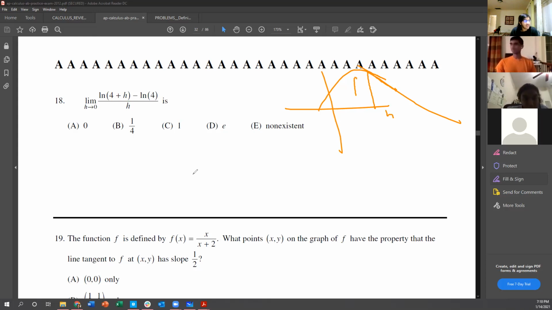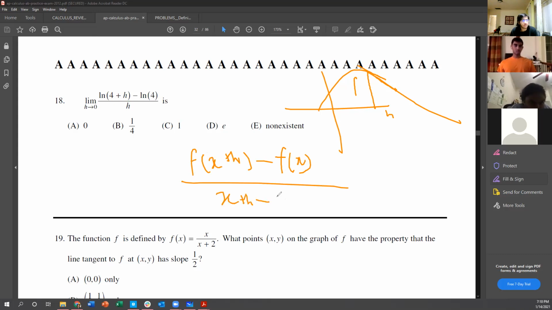So y2 is f of x plus h, minus y1, which is f of x, over x2, which is x plus h, minus x1, which is just x. So the x and x go away, and you're left with h in the denominator. It's essentially the slope formula, applied to a limit as the secant line approaches the tangent.